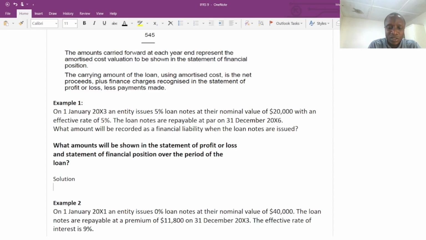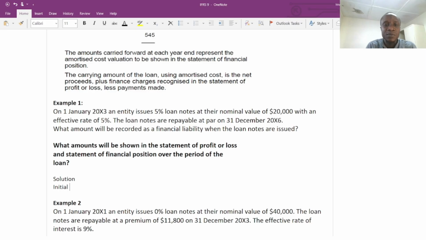So our initial value, based on this question: on 1st January 2023, an entity issues 5% loan notes at a nominal value of $20,000 with an effective interest rate of 5%. So from this question, the effective interest rate and the interest paid are the same. So it means there is no premium, there is no issuing cost, and there is no discount on issuing.